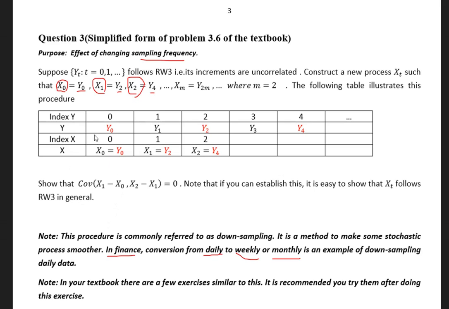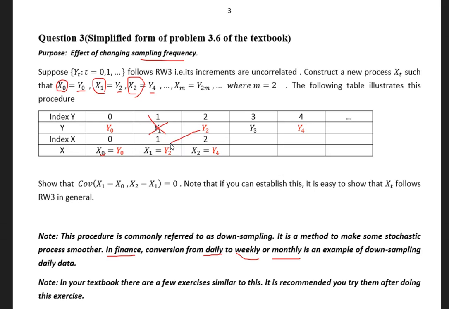The way it's done is that the indices will be changed, of course. For example, here at time 0 for this new process, we assign y0 to time 0 of x. We skip this.